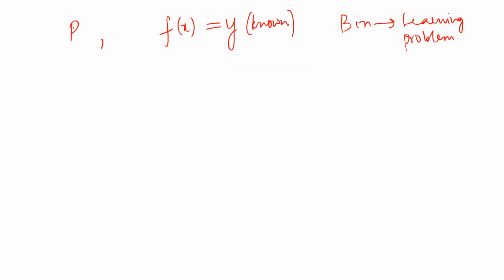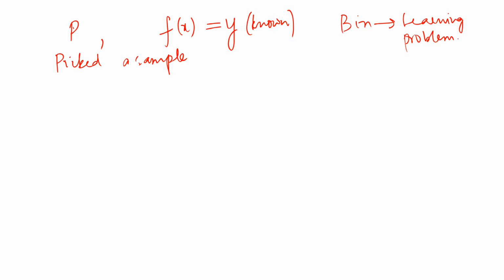But what happens in my sample? Now I've picked a sample, and my disagreement between h of x and f of x is going to represent something analogous to my nu. So how do we write that?